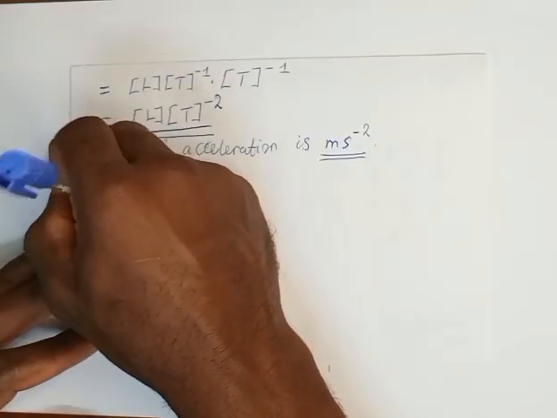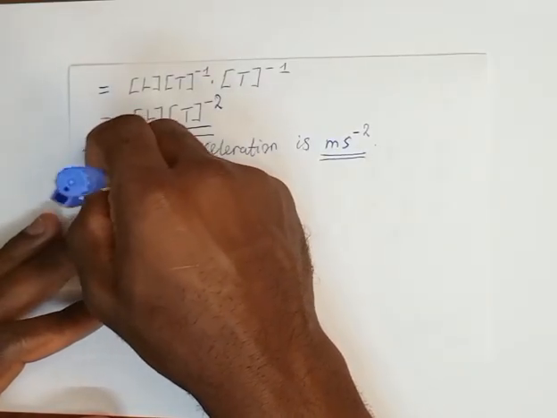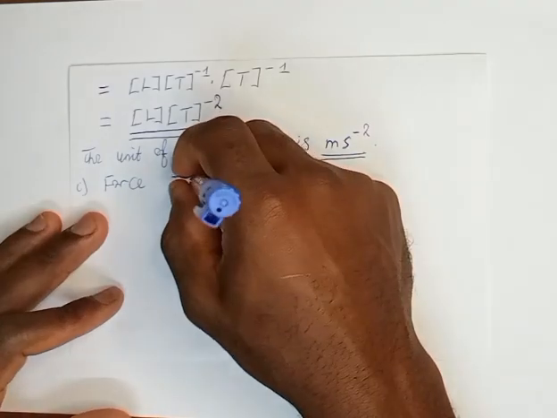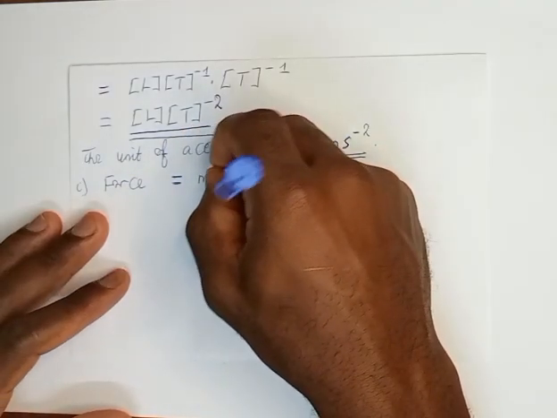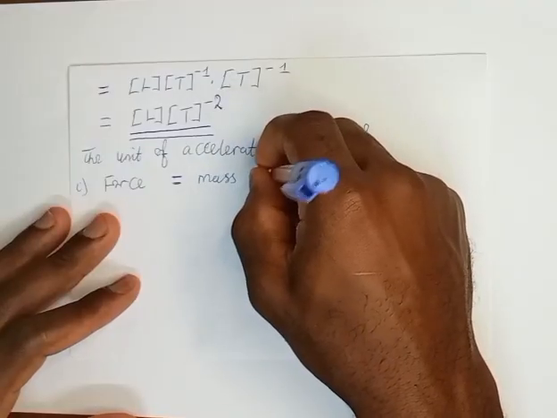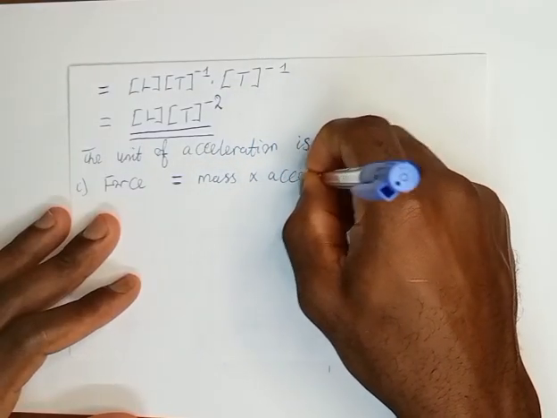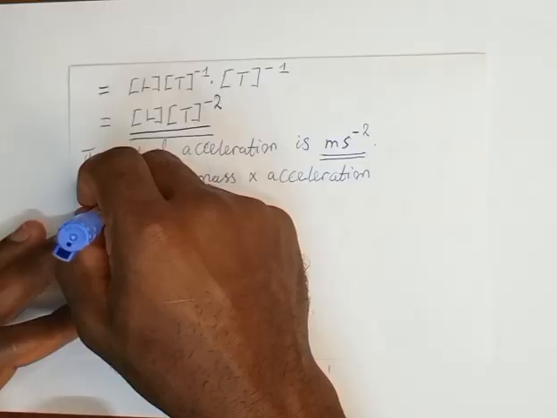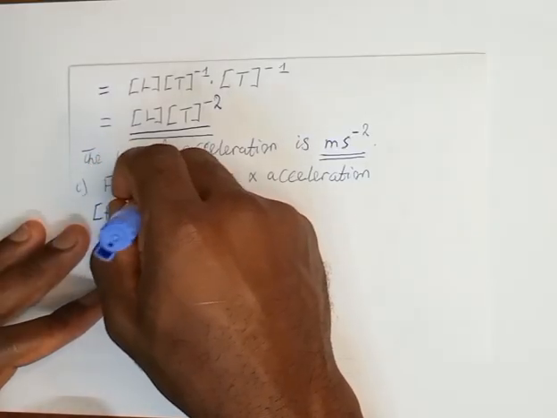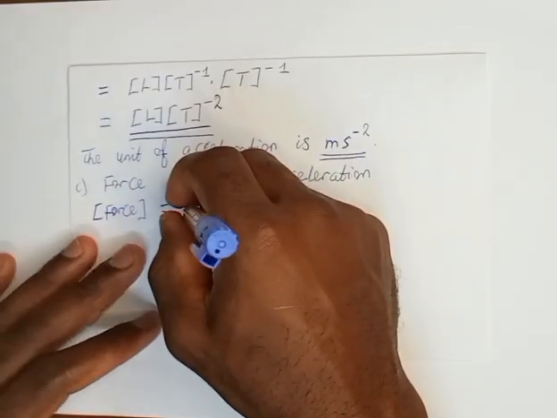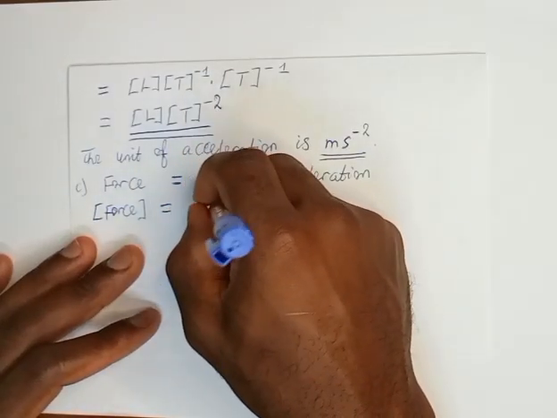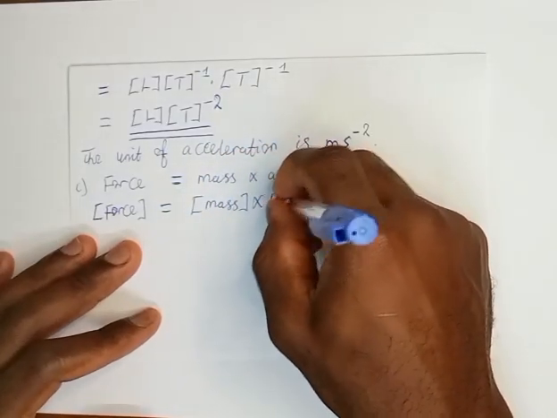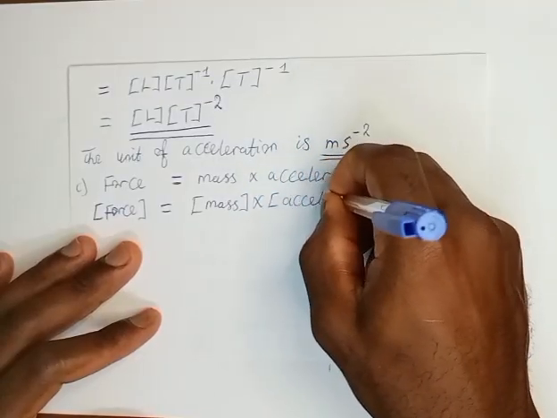We go to the next one, C. For C, we have force. Force is defined as the mass times acceleration. It simply means the dimension of force will be equal to the dimension of mass times the dimension of acceleration.